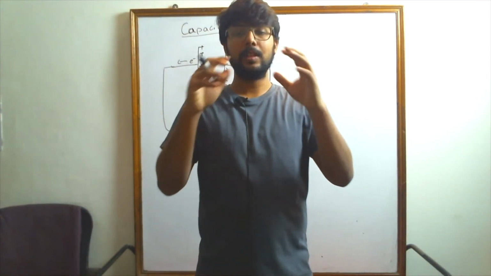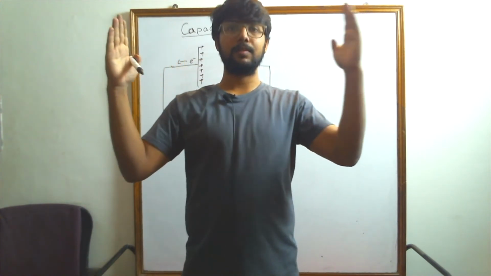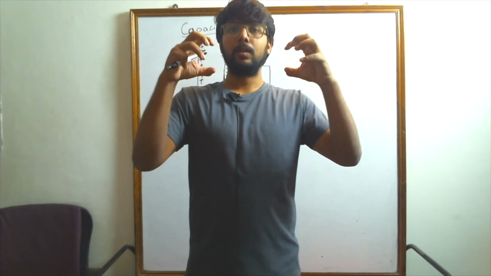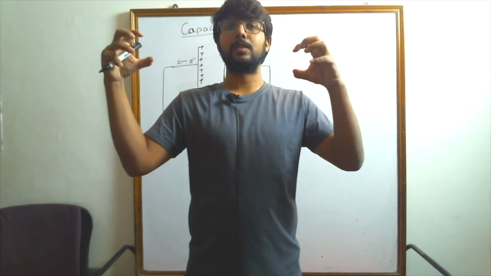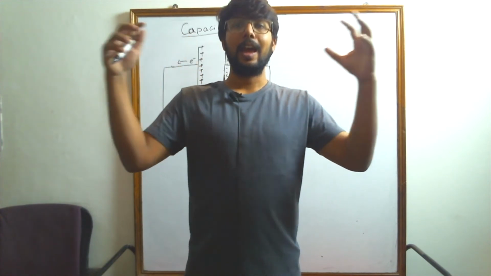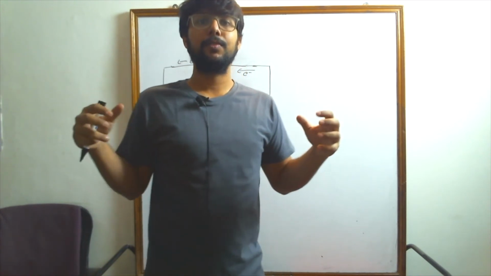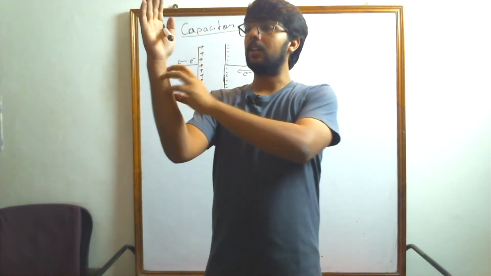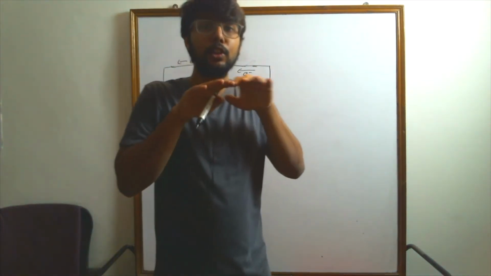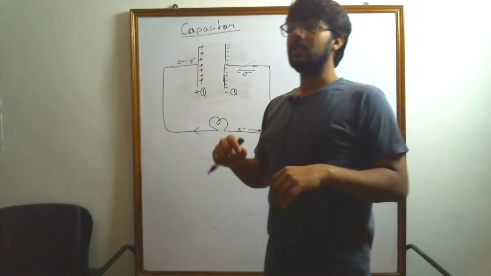Because as I'm increasing the charges on the plates, my molecules separate out. The negative charge is attracted towards the positive side, and the positive charge towards the negative side, and as they separate out, they are free to move, and once they are free to move, they can reach the plates and neutralize them to a certain extent. Not fully, but to a certain extent.